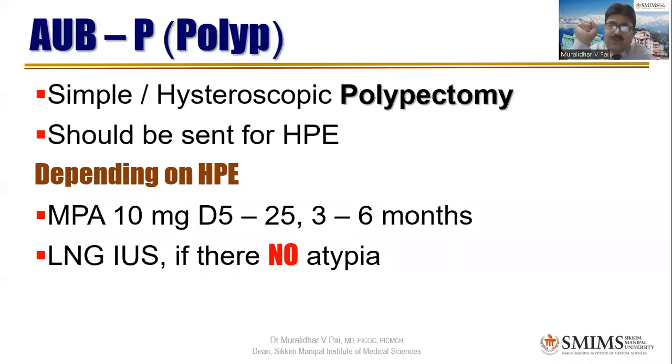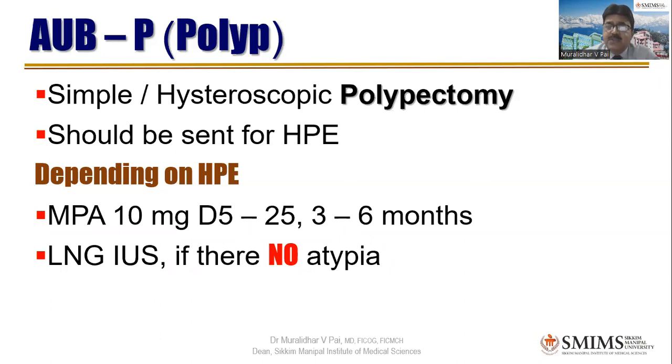So it will give only that much, less than 20 or 50 micrograms per day locally. So to build up the hormonal level, first couple of months, usually I at least give medroxyprogesterone acetate 10 milligrams continuously for 2 months. And by that time, LNG-IUS starts working, and thereafter, even if you withdraw MPA, nothing will happen.